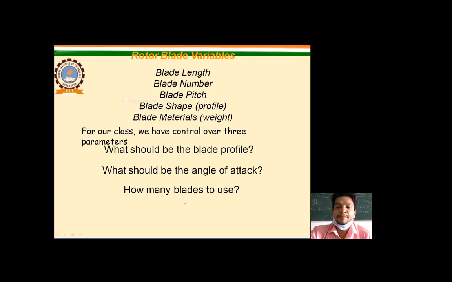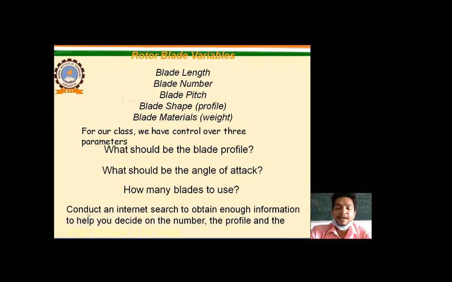It means the number of blades plays a very important role in developing an efficient wind turbine. That's why we have to conduct an internet search to obtain enough information to help you decide on the number, the profile, as well as the angle of attack of the blade.